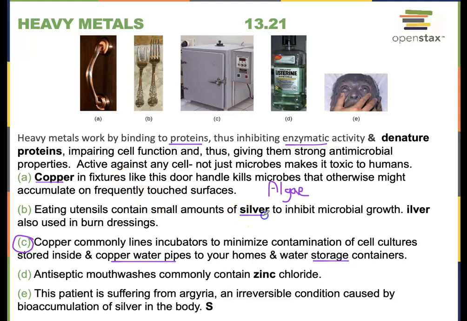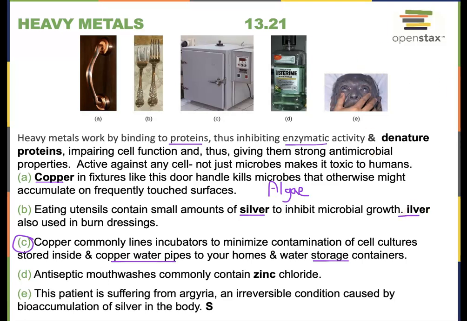Silver is also very naturally antimicrobial. All right. This silver is used in burn dressings when exposed tissue might be too delicate for alcohol or any sort of chemical antiseptic. Silver will naturally kill those bacterial cells.